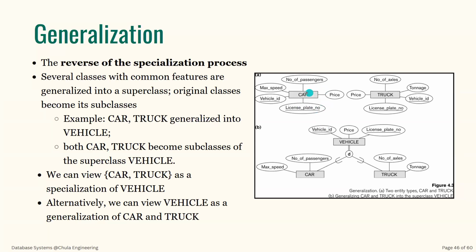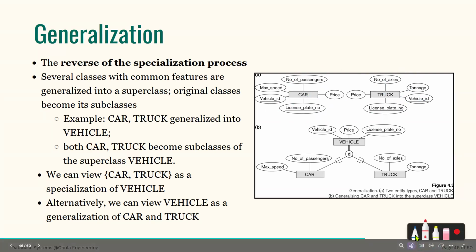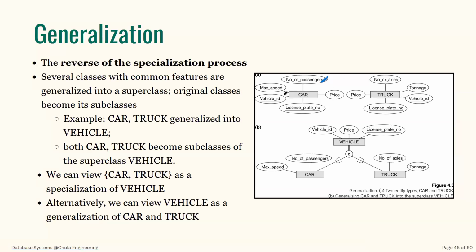All right. Let me give you the example here. You can see above, you have car and you have truck, right? Now you see that, hey, car and truck have similar or actually exactly the same set of attributes. So you say, let me group these and call it vehicle. Car has vehicle ID.